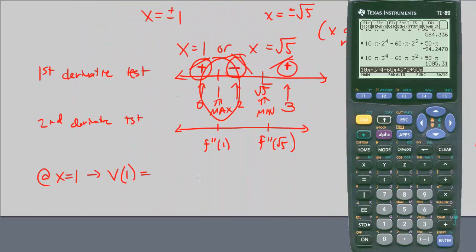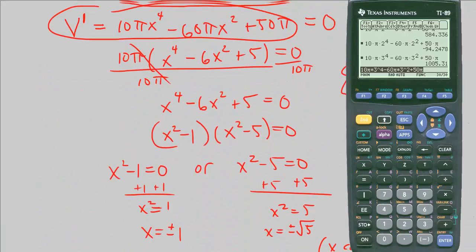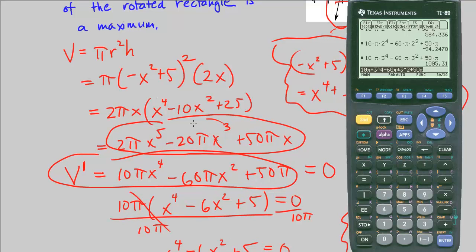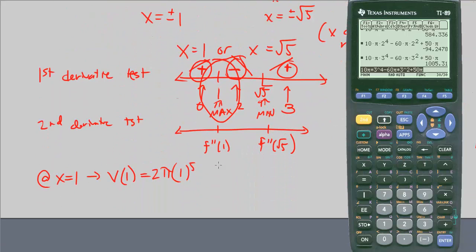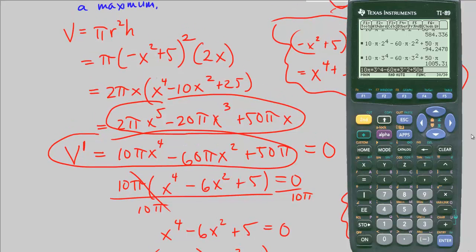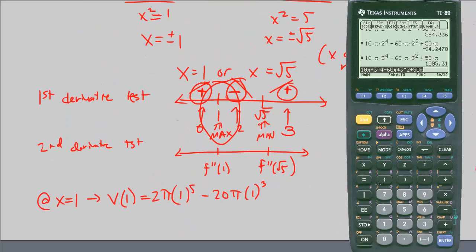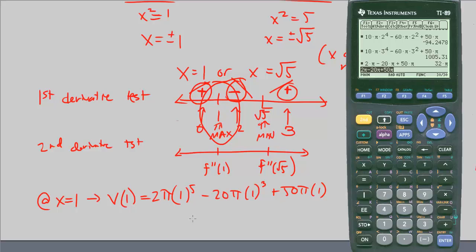With x equal to 1, we get 2 pi times 1 to the 5th, minus 20 pi times 1 cubed, plus 50 pi times 1, and this is the maximum volume. 2 pi times 1 to the 5th is still 2 pi, minus 20 pi plus 50 pi. And that is equal to 32 pi.